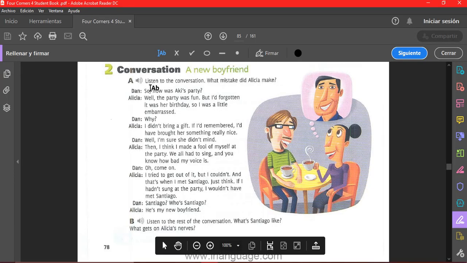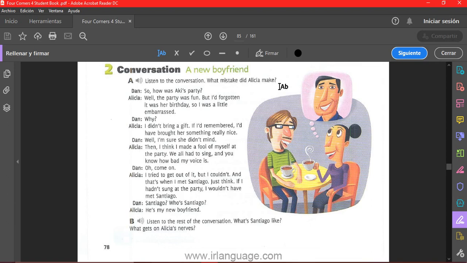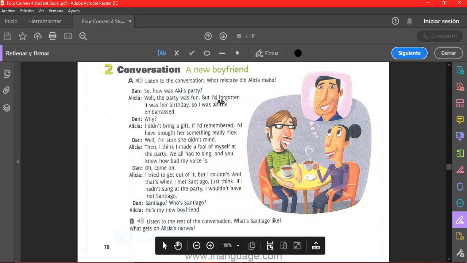What are the questions here? In part A, listen to the conversation. What mistake did Alicia make? We're going to answer this question based on the information of the text and based on the listening that we're going to listen to very soon. Part B, the conversation is incomplete, so we listen to the second part. And we have also questions.